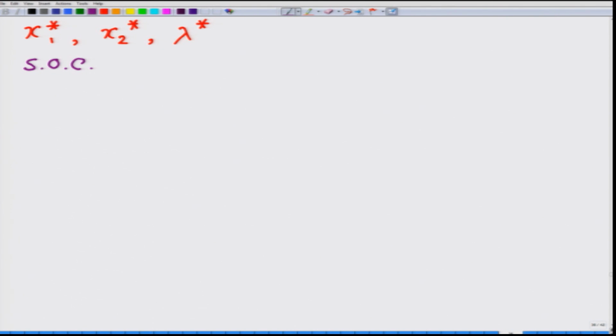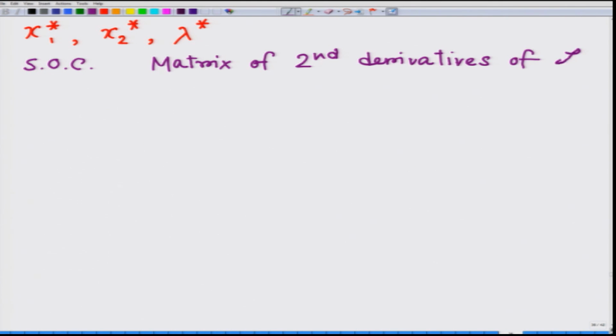So, we know we have to consider a matrix of second derivatives of the function that we are maximizing, in this case that is this function Lagrangian. So, we construct this particular matrix.